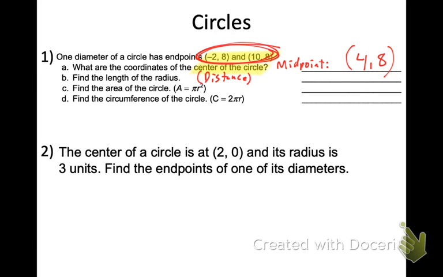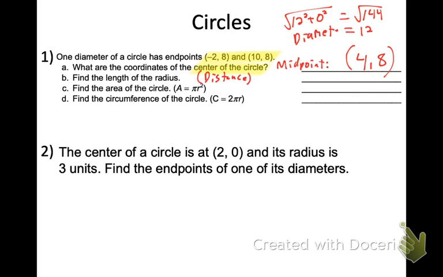Difference in my y values? 0. So square root of 12 squared plus 0 squared is square root of 144, which gets me 12. But that's my diameter. So what's my radius going to be then? 6. Cut that in half. My radius is 6.